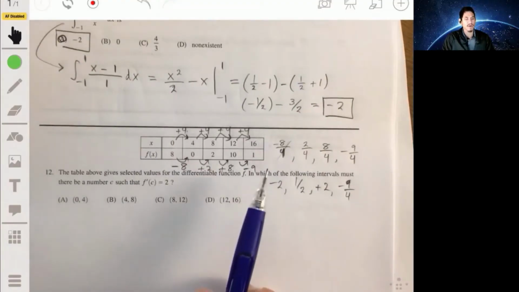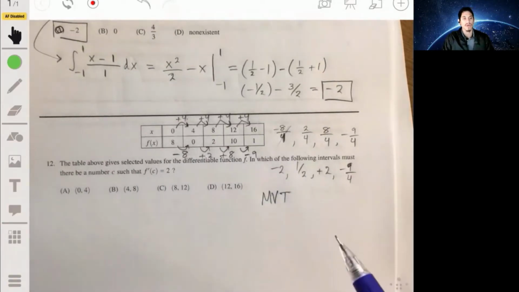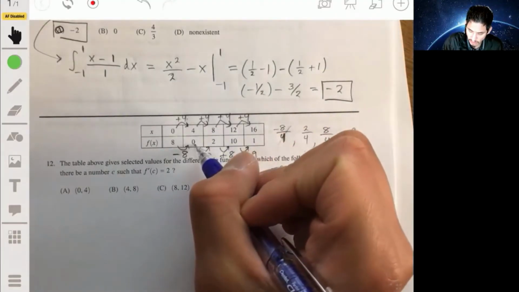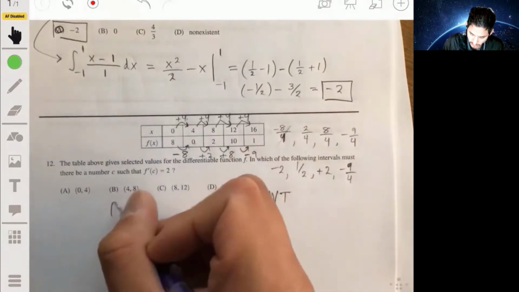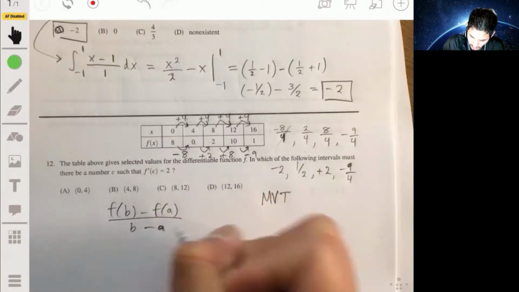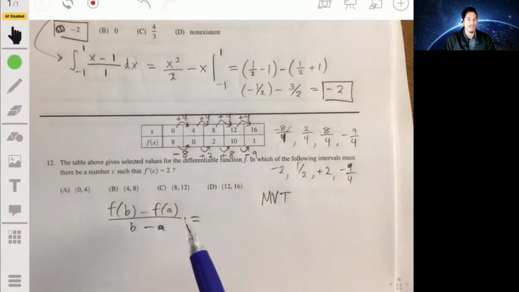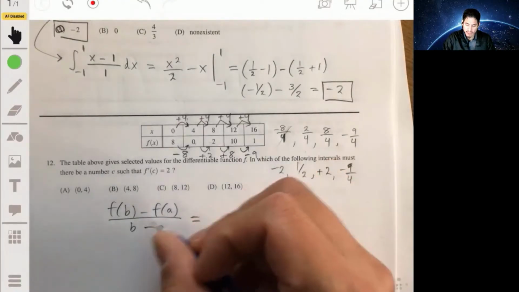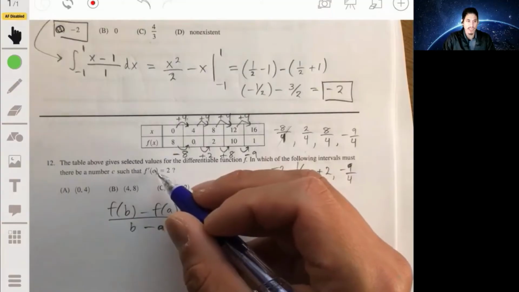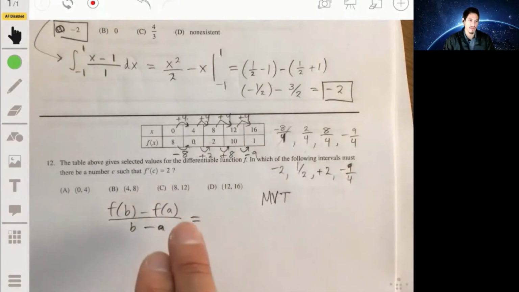Now, what this problem is getting at is the mean value theorem, the MVT, which is basically saying that if the slope across the endpoints, f of b minus f of a over b minus a, equals some number, whatever this slope is, there must be a value of c between a and b such that f prime of c will equal the slope.